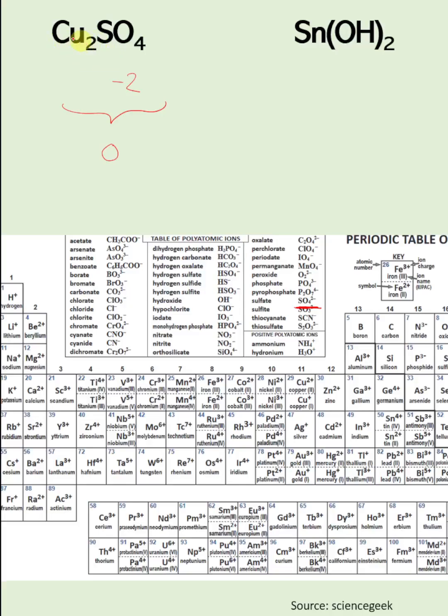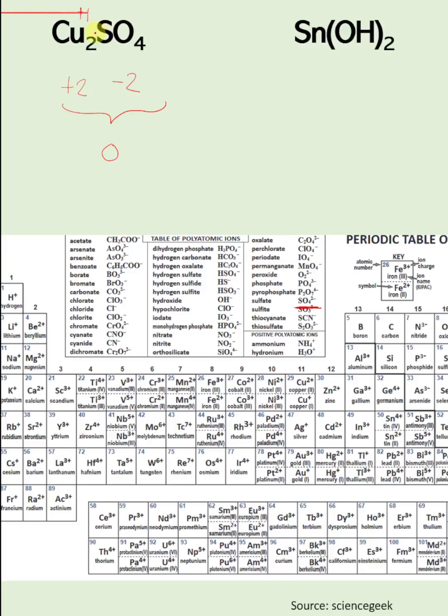And note that here the copper is 2. So we have two coppers here. What's the charge to make it neutral? Of course, in this case, the overall charge from the copper must be positive 2. Now, what's the charge of the individual copper since we have two coppers? We can use positive 1, because positive 1 times 2 is positive 2.